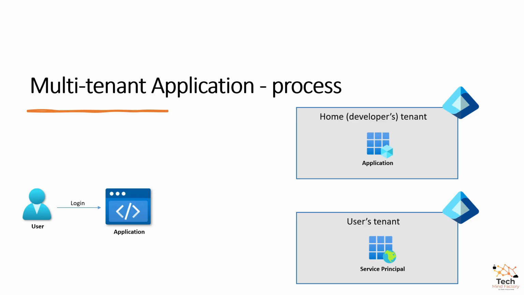I call it the developer's Entra tenant because I want to distinguish it from the user's tenant. On the other side below, we have the user's tenant, okay? And as you probably noticed, in the home developer's tenant we have the application, but in the user's tenant we have the service principal. So let's see what's happening when the user is trying to authenticate using a multi-tenant application.